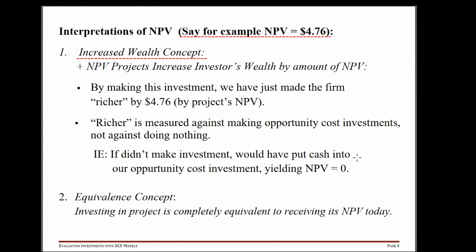Second important concept is called the equivalence concept, and that says investing in our positive NPV project is completely equivalent to receiving its NPV today. And again, in the lecture for handout 11A, I went over showing you how that is true. Honestly, the increased wealth concept is the one that we use more, so it's important that you understand that one.